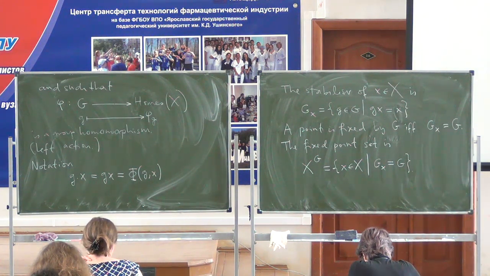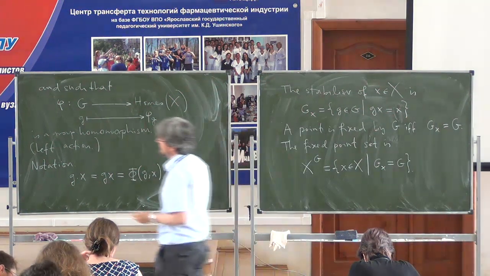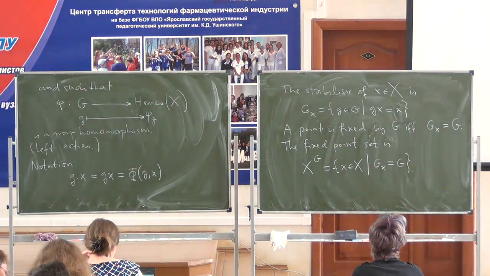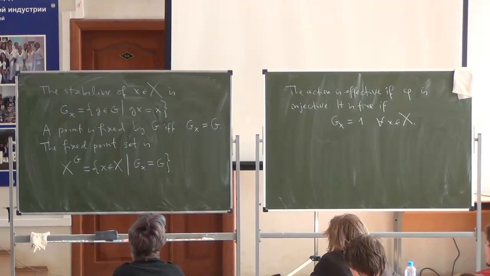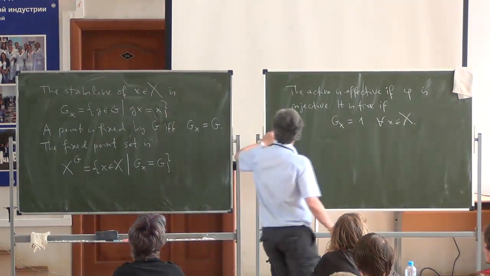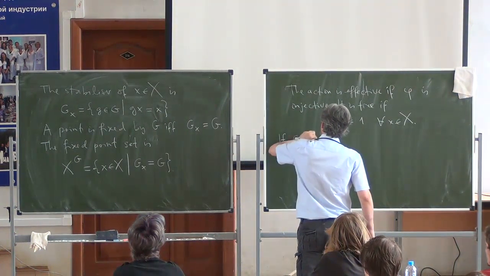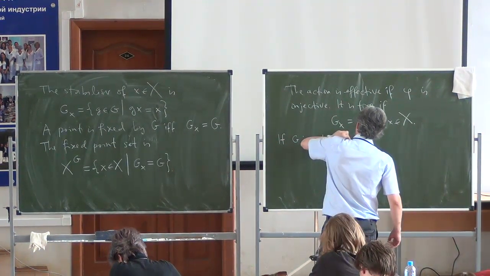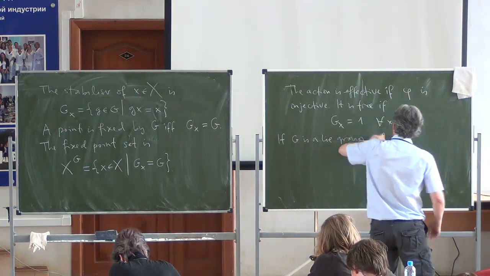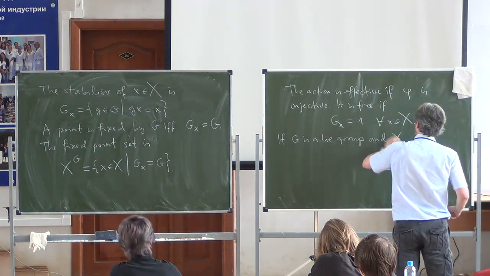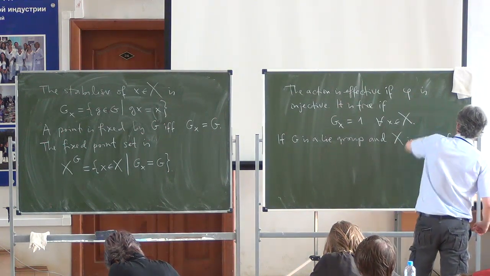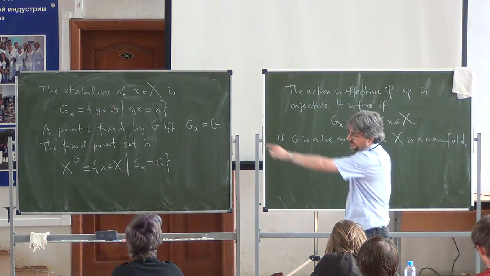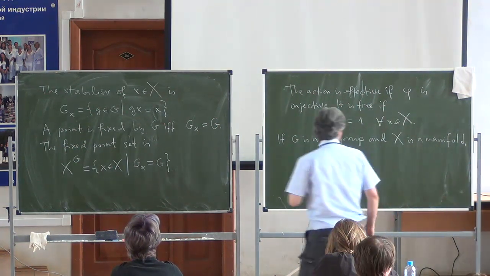Now we will be interested in smooth actions, and these make sense if G is a Lie group and X is a smooth manifold. In that case, the action is smooth provided big phi is a smooth map.